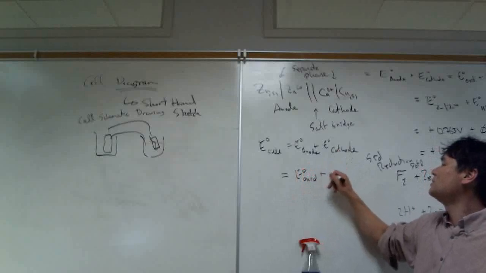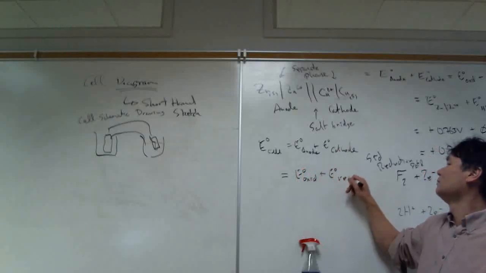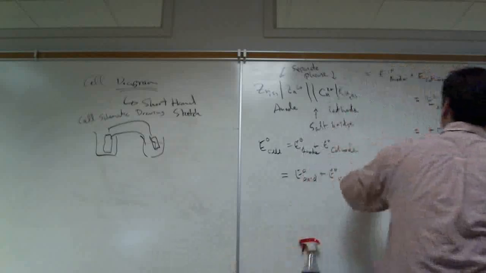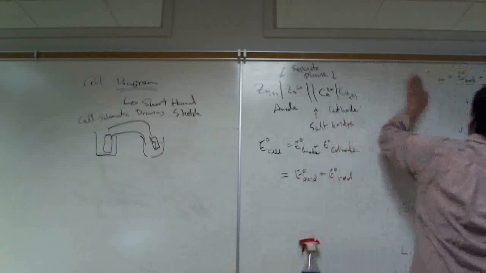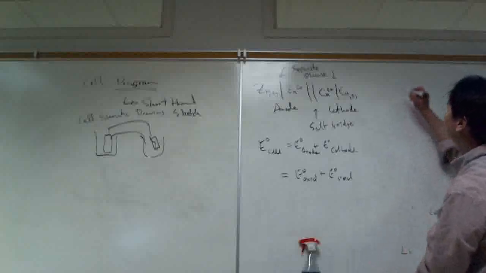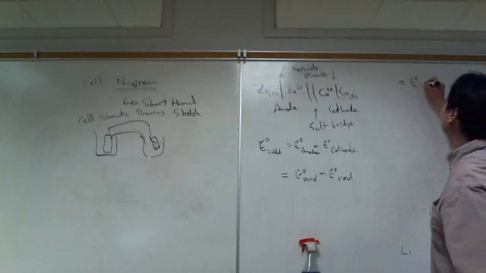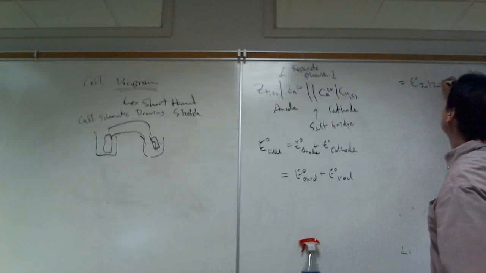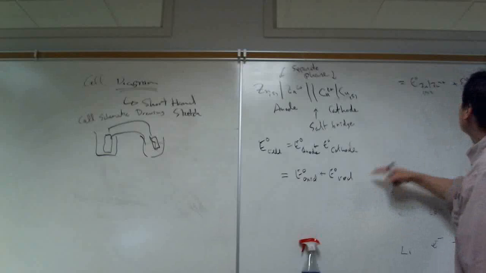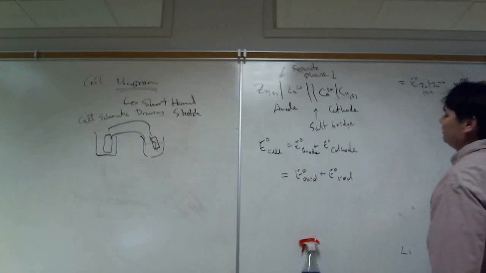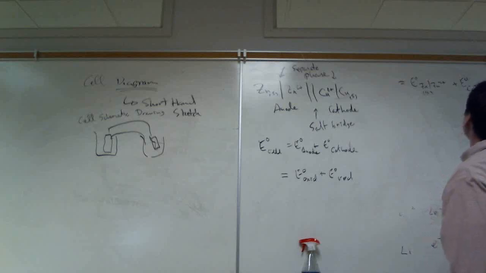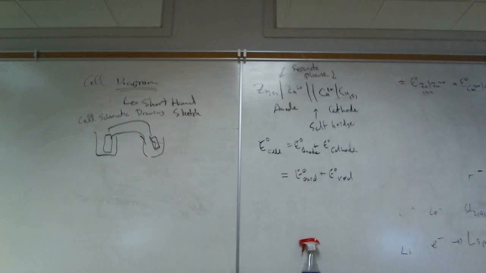The cathode potential is E naught for reduction. To prevent any mix-up, we can use the shorthand here. The oxidation is E naught for zinc goes to Zn2+, and the reduction is E naught of Cu2+ goes to copper solid.